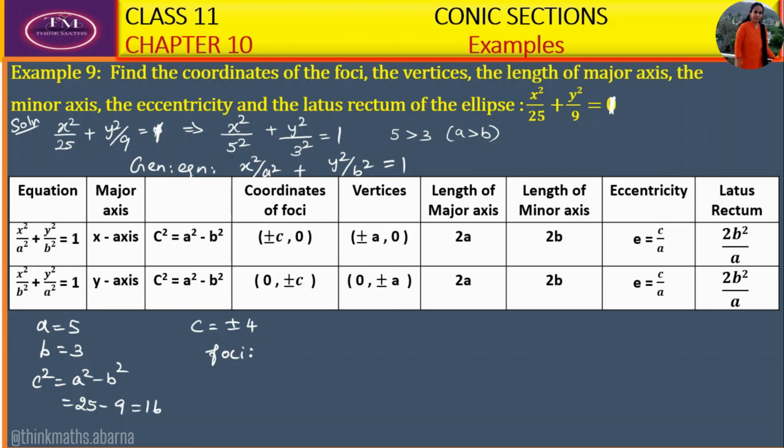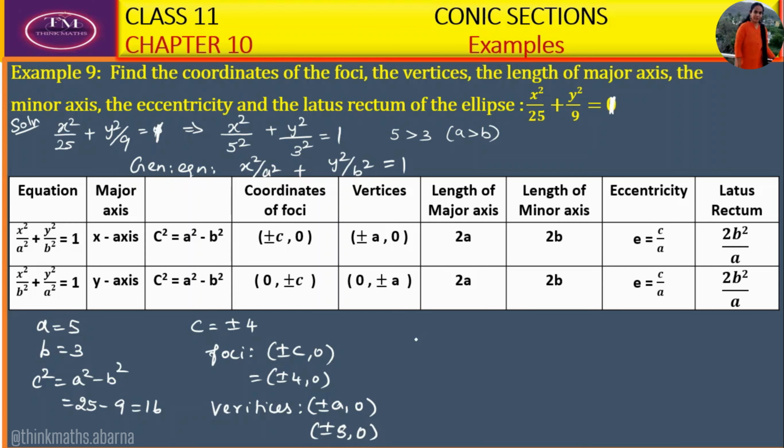The focus is plus or minus c comma 0, which is equal to plus or minus 4 comma 0. This is the focus. Next, what are the vertices? Vertices are plus or minus a comma 0. What is a? a is 5. So plus or minus 5 comma 0.